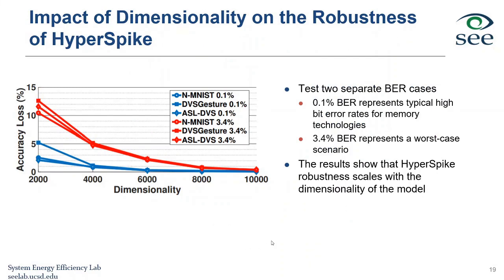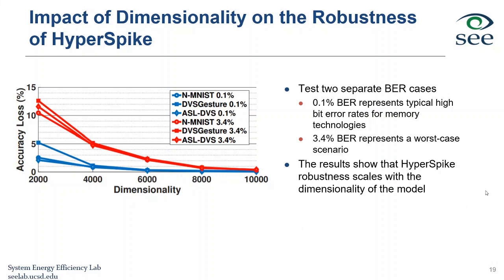Here we evaluate the impact of dimensionality on the robustness of HyperSpike. We show two different scenarios. The first in blue is a more typical bit error rate of 0.1%. The second is an extreme case of 3.4% bit error rate in red.